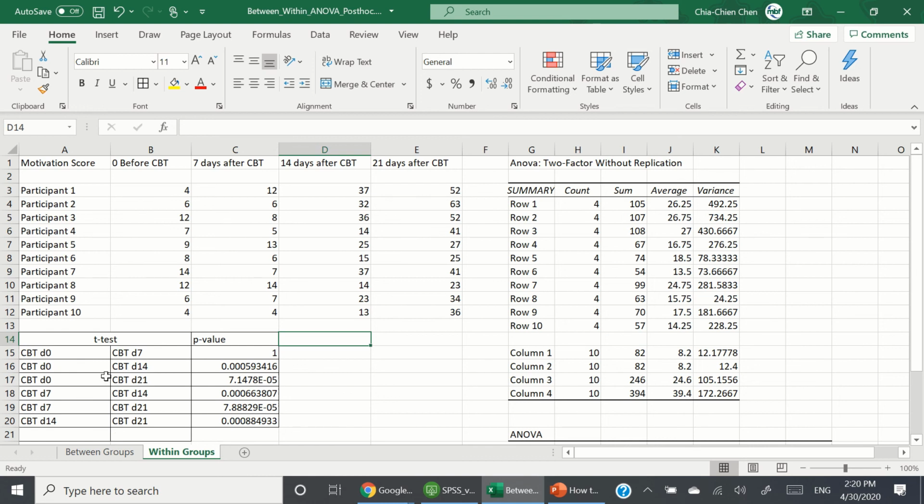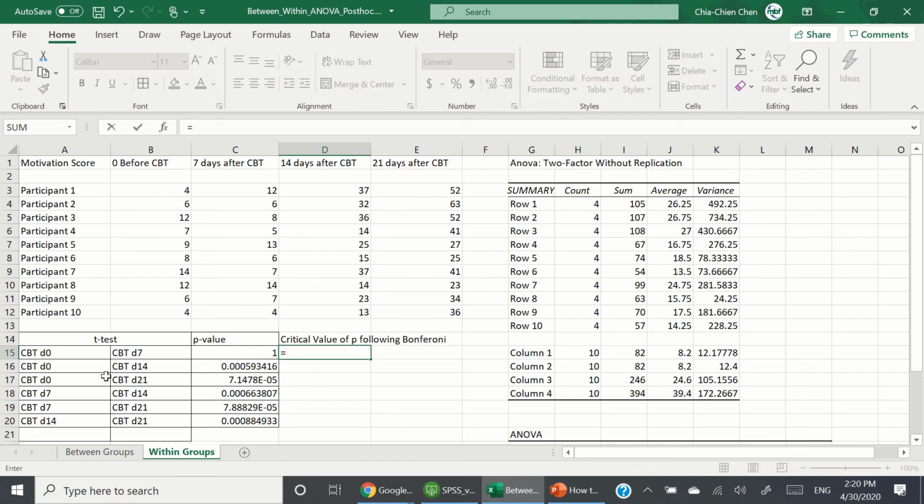So what you need to do is the critical value of P following a Bonferroni, and that is 0.05 divided by 6.